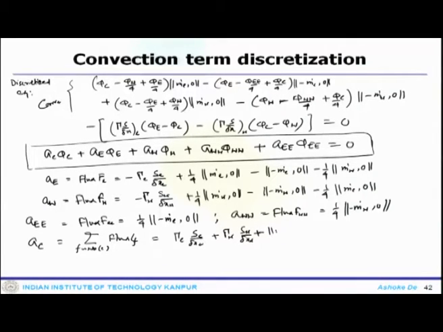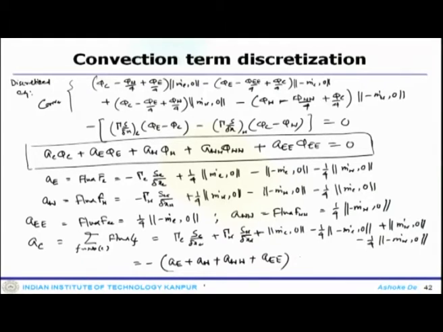plus m dot E 0 minus 1 by 4 m dot E 0, m dot W 0 minus 1 by 4 m dot W 0, which will again remain as the summation of A e, A w, A w w, plus m dot E minus m dot W. So, these are the only places in the calculation of the coefficients where you see the differences.